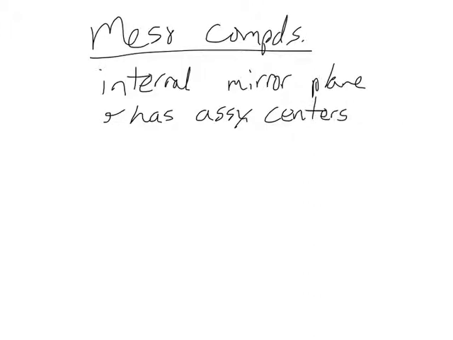So it has asymmetric centers, but the molecule itself is not chiral. So it has carbons that are R and S, but the molecule itself is not chiral. So something like this, right?